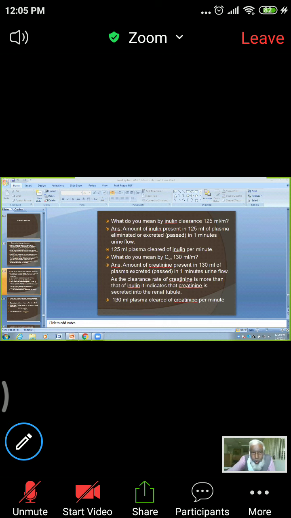Okay, 130 ml of plasma cleared of creatinine per minute. It means the creatinine clearance is 130 ml per minute. That means 130 ml of plasma completely cleared of creatinine per minute, that passed in 1 minute's urine. Okay. Is it clear?